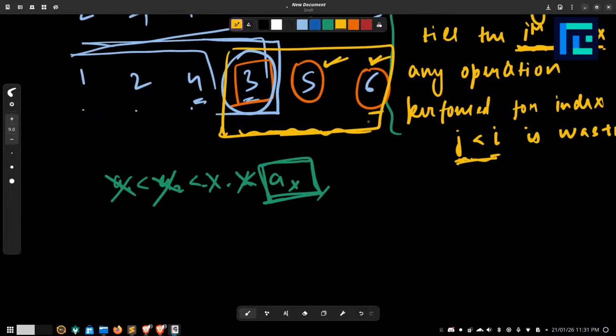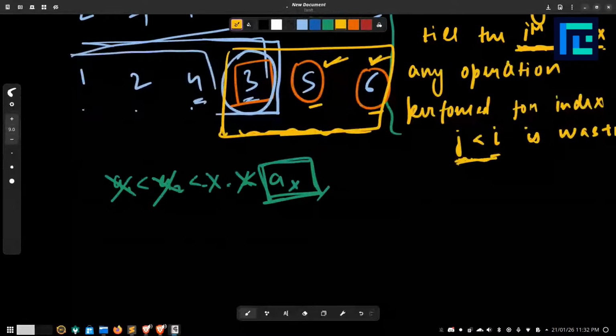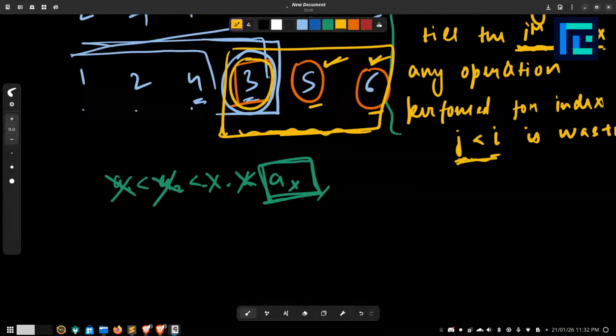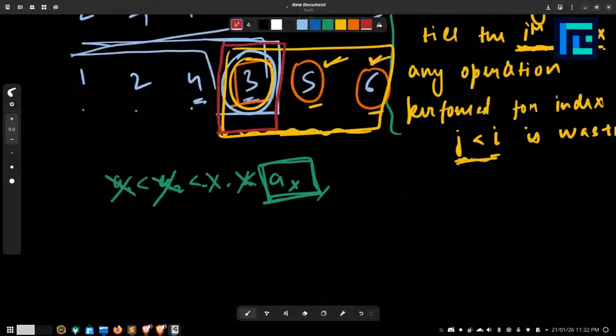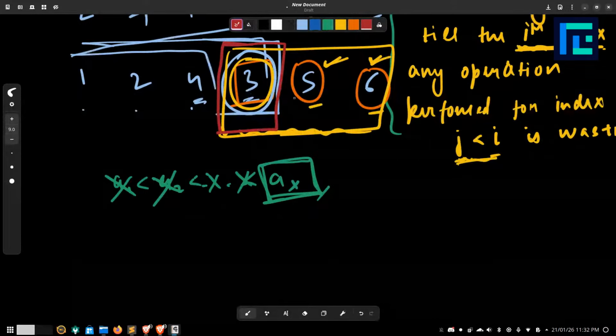If the last element is at its correct position, then it must be the largest, and if the second last element is at its correct position, then it must be the second largest. And obviously 3 would be less than or equal to those elements only. So again, we can reduce our choice of operation to just this index, and hence we'll be able to conclude that we only need to perform the operation on the last index on which the value is not correct.